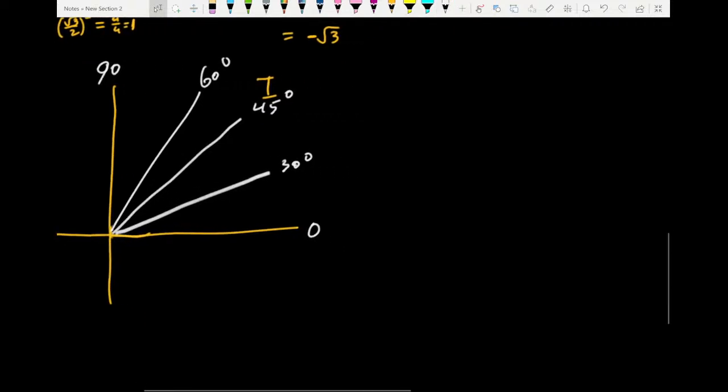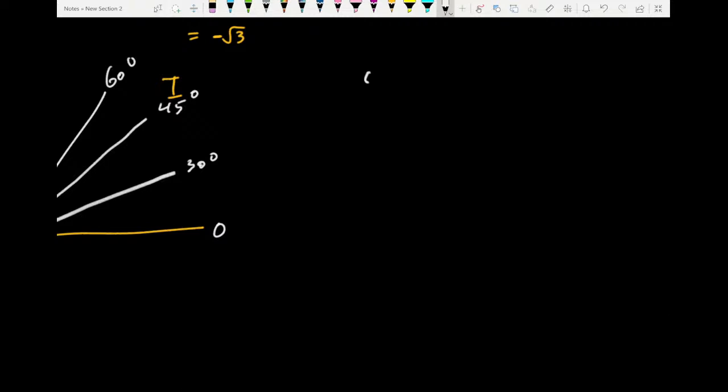So in order to do that, I'm going to create a table. 0, 30 degrees, 45 degrees, 60 degrees, 90 degrees. I'm going to look at sine and cosine.